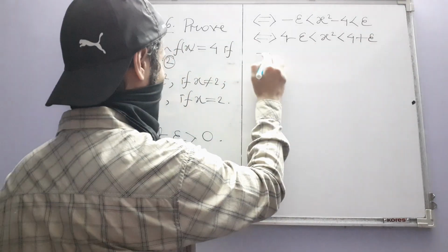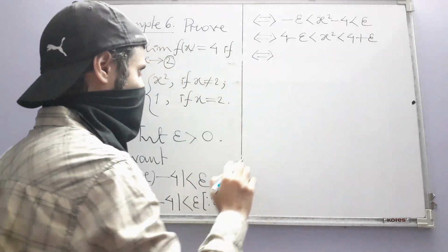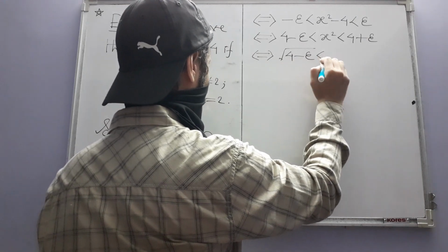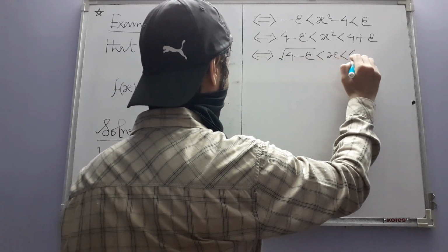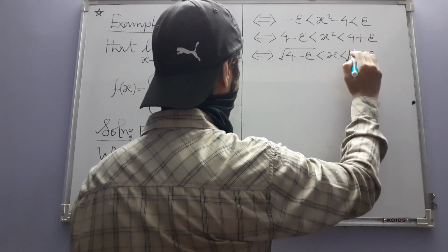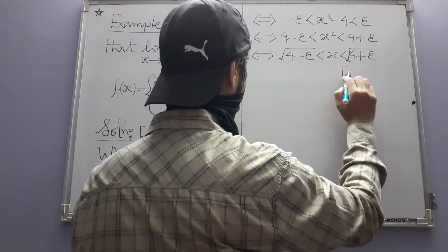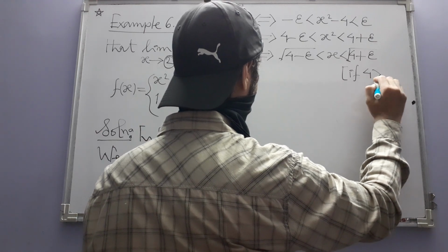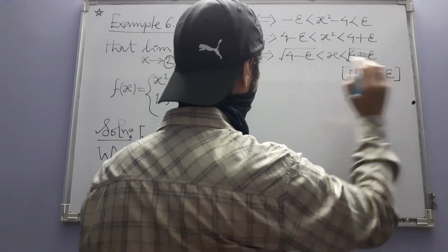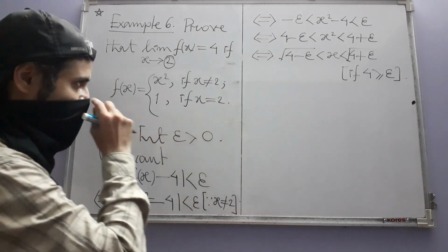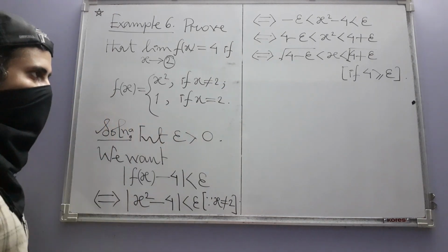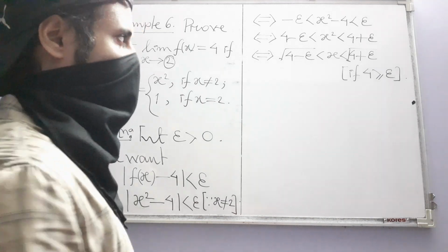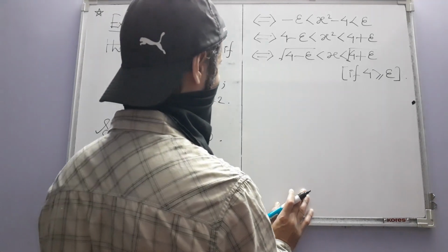But now, when we take square root, that will require this: if 4 is greater than or equal to epsilon, because otherwise you will have a negative real number inside the square root, and that will disrupt the calculation totally, will make things meaningless.